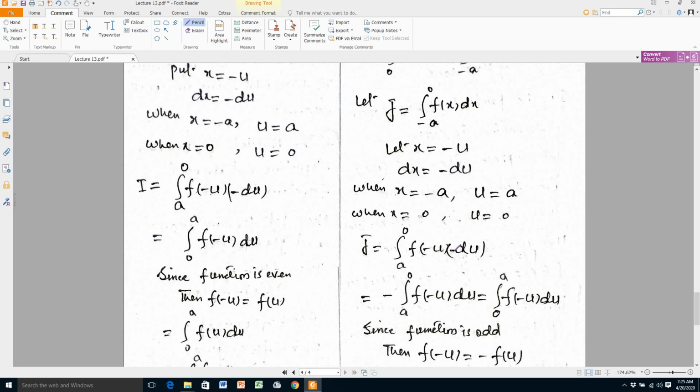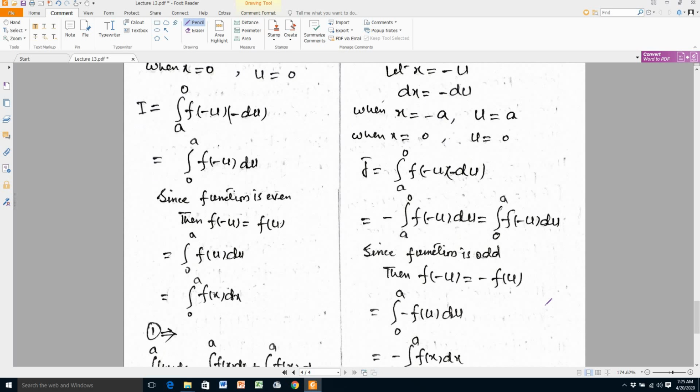So I take this negative sign outside the integral. It becomes from a to 0, f of minus u du. And with this negative sign, I interchange the order of the limits, or reverse the order of the limits. This becomes 0 to a, f of minus u du.